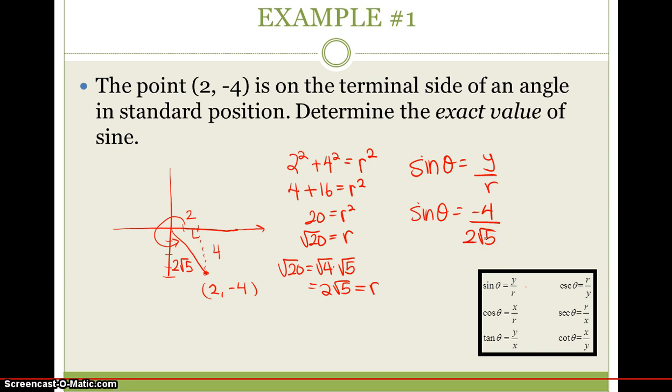Now the last thing we need to do is reduce this, and then rationalize it. Let's reduce it first. So it's -2 over the square root of 5. When we rationalize, remember we multiply by the square root of 5 at the top and bottom. So we have -2 square root of 5 over 5. So the exact value of sine of theta is -2 square root of 5 over 5.